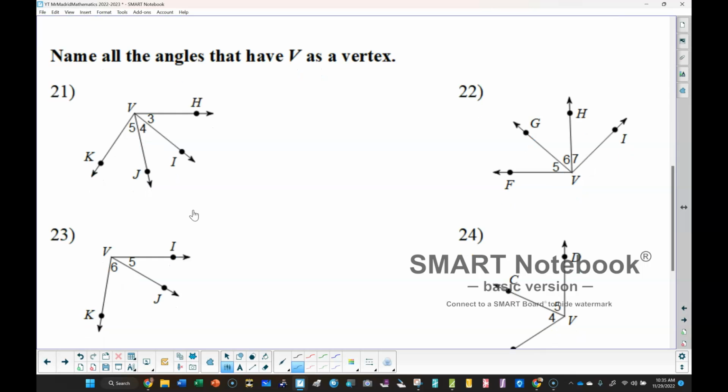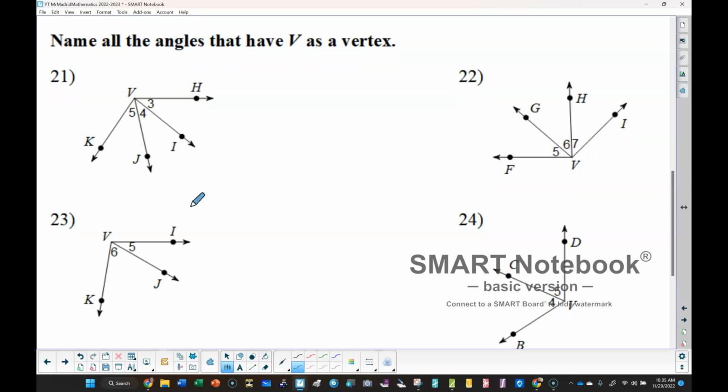This one says name all the angles that have V as a vertex. Just to be on the safe side, let's do one last one here. We're only a couple minutes into the video. This one doesn't tell us how many there are going to be, so we're just going to have to apply our knowledge.